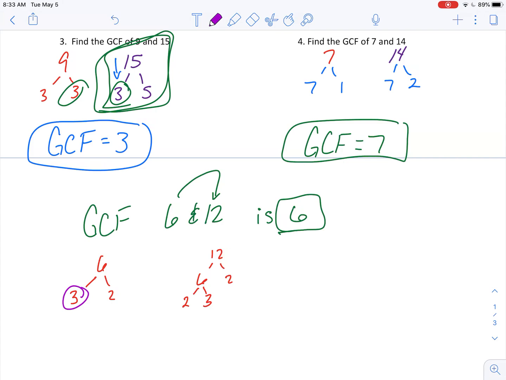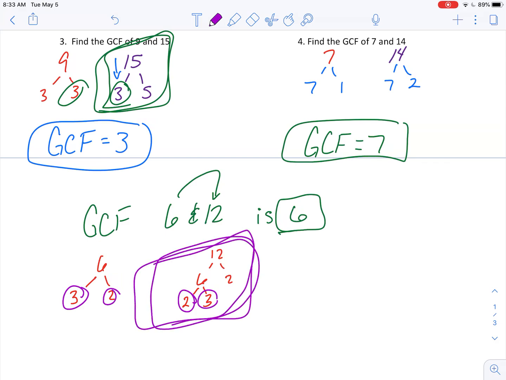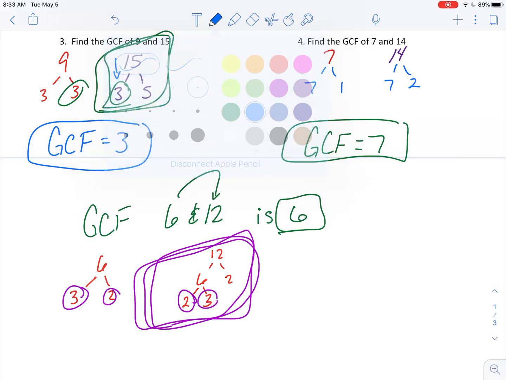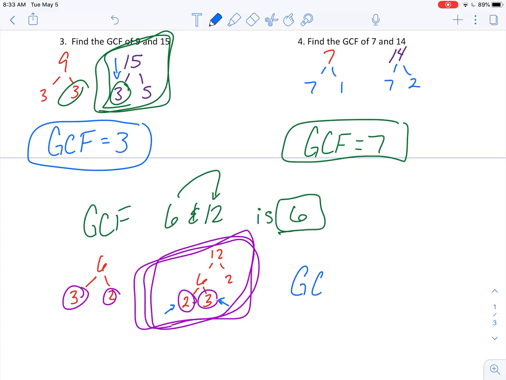Well, they've got a 3 in common, and they've got a 2 in common. And again, I'm just going to focus on one of these two groups here. What do they have in common here? Well, they've got a 2 and a 3 in each group. So I'll take my GCF. It's going to be 2 times 3, which would be 6.